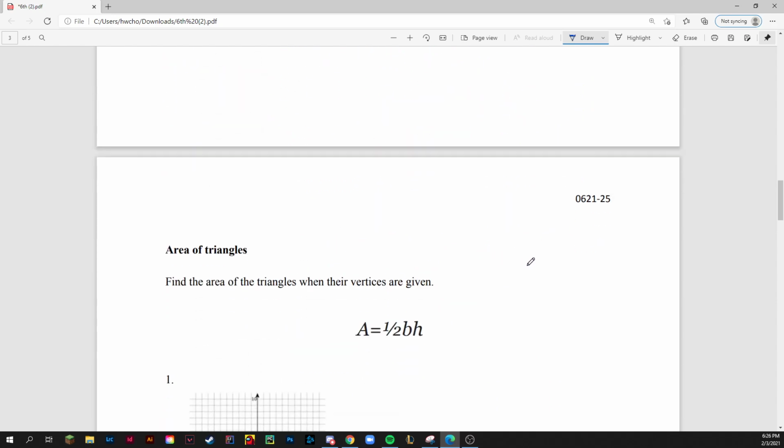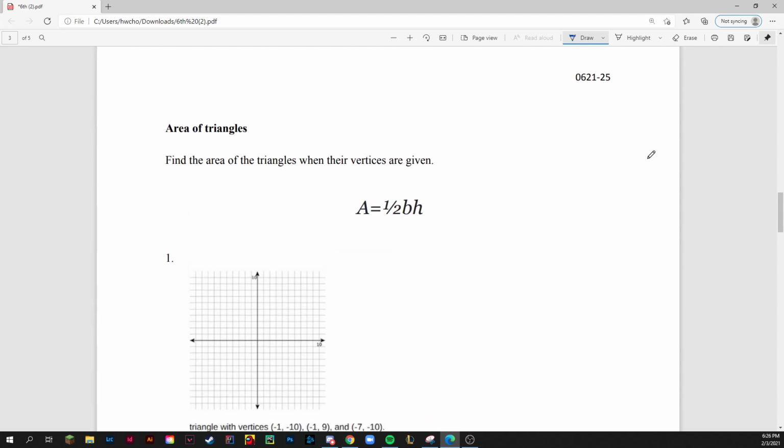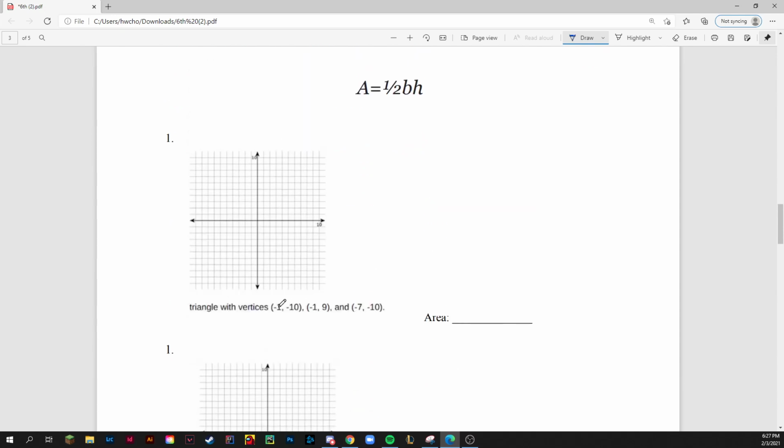4 out of 6 problems, and let's go over the second section, which says find the area of the triangle when their vertices are given. So right here, the vertices are (-1, -10), (-1, 9), and (-7, -10).